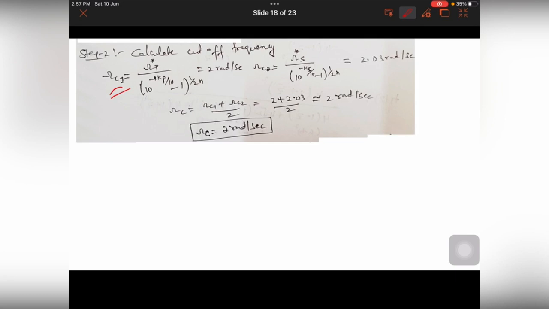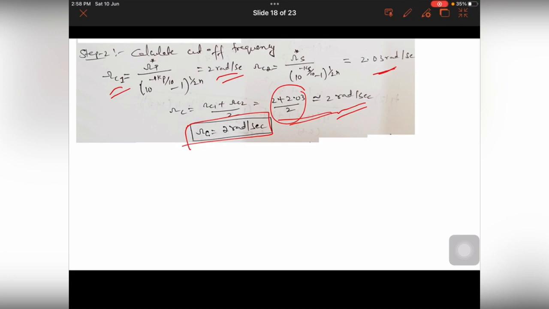Substituting, you get omega c1 as 2 radian per second and omega c2 as 2.03 radian per second. You take the average of these two for cutoff frequency omega c. Omega c is equal to omega c1 plus omega c2 by 2. So 2 plus 2.03 by 2, you will get omega c as 2 radian per second. So once you calculate step 2, we know step 3.